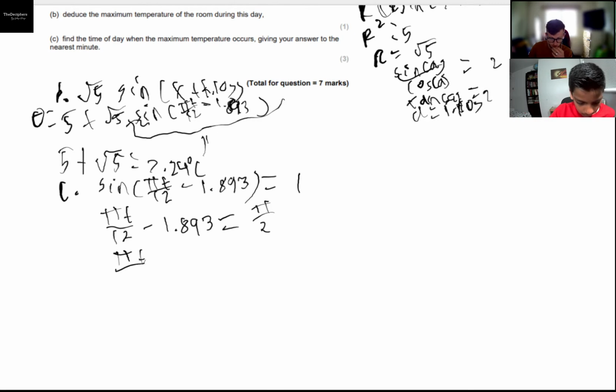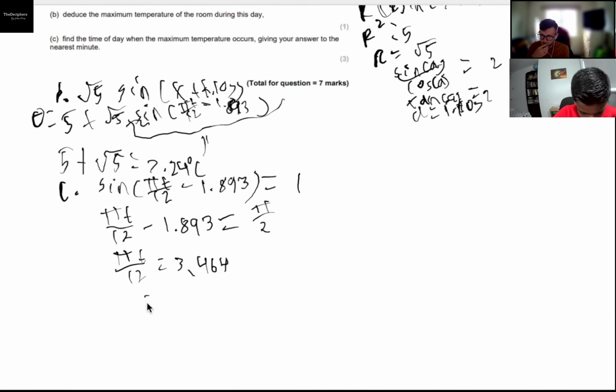So pi t over 12 is pi over 2 plus 1.893. That is 3.464.